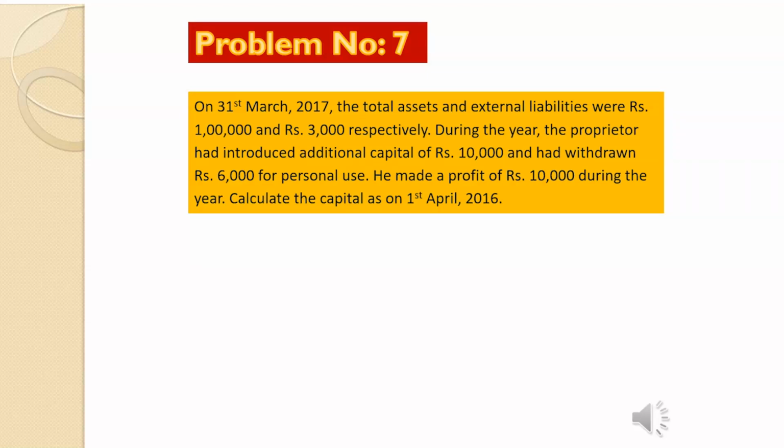He made a profit of 10,000 during the year. Calculate the amount of capital as on 1st April 2016. So now we have to find out the opening capital, as the information was given at the end of March 2017.